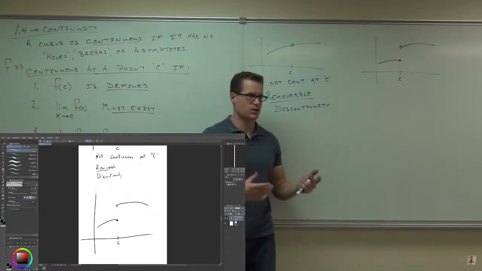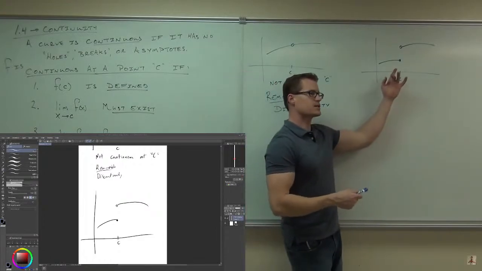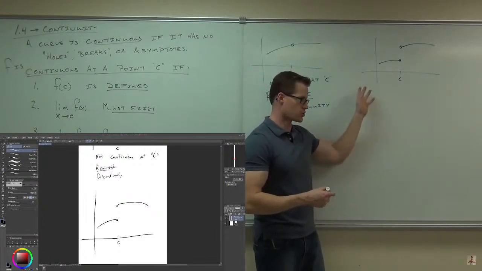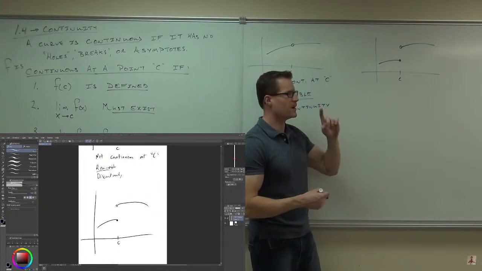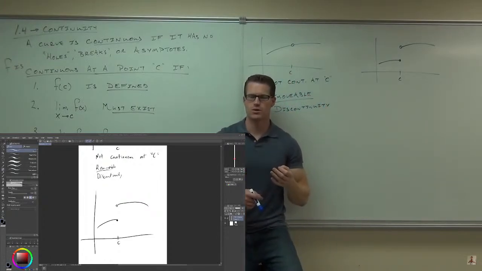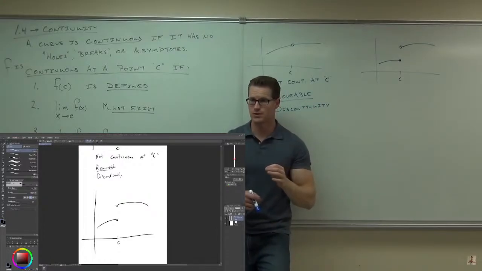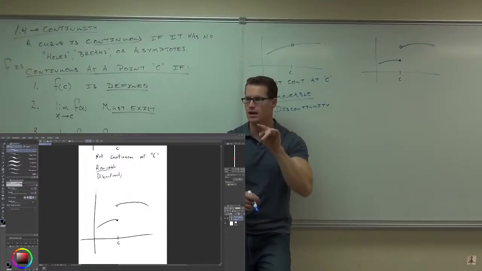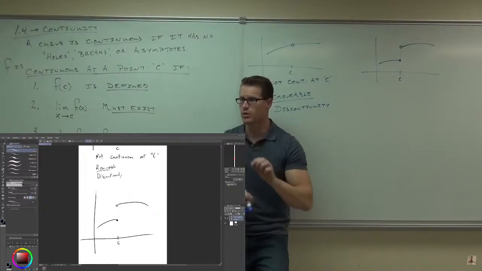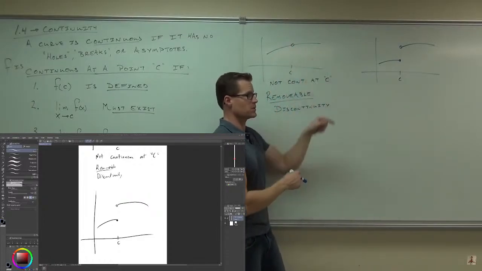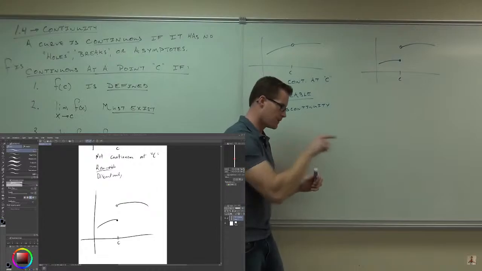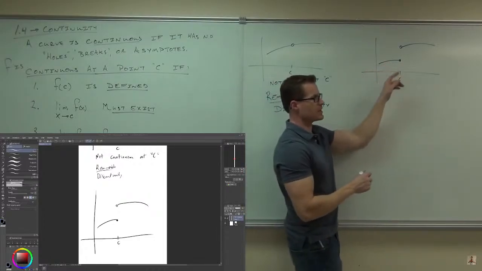So this fails continuity. So we'd say, yeah, this is not continuous at c, for sure. But is it a removable discontinuity or not? No, even if I put another point up there, it's not going to make a difference, right? I'm not going to be able to continue my function with one single point. This one I could. Just put it right there, you're good to go. It's like filling in the hole. But here you can't do that. This is not removable.